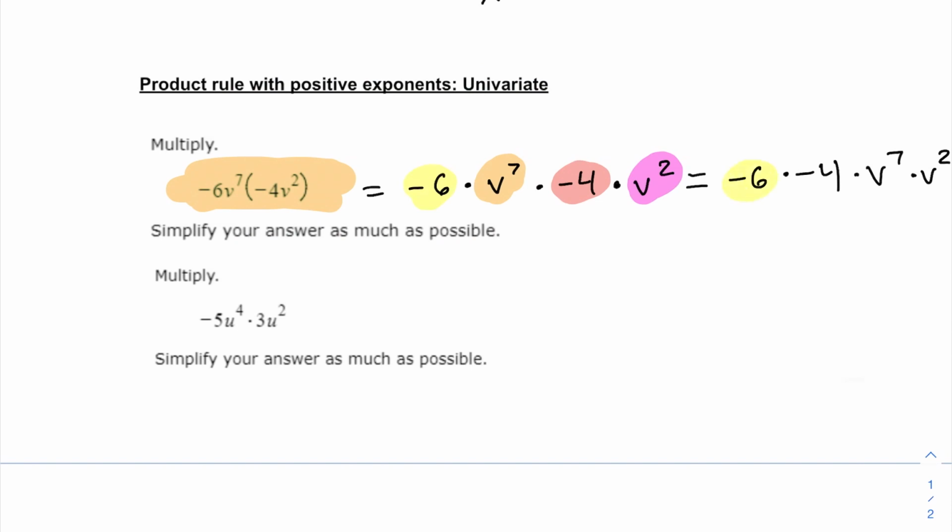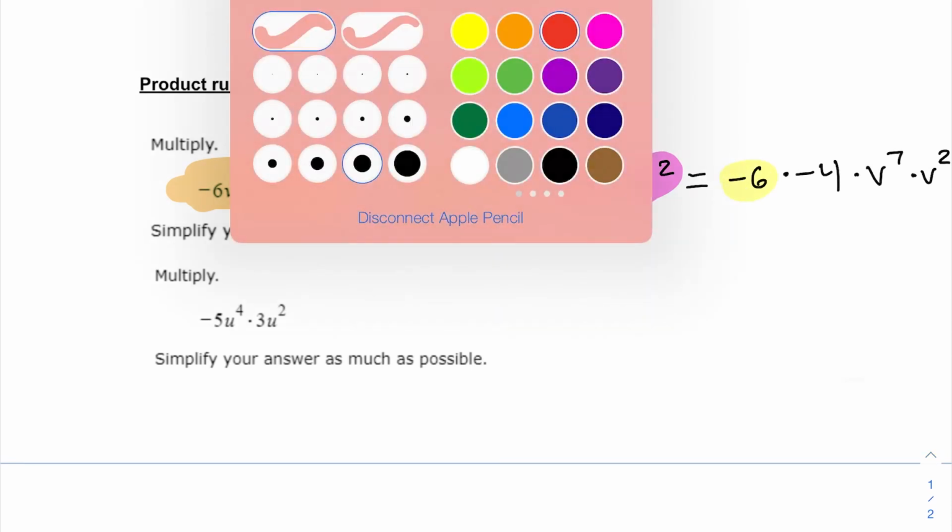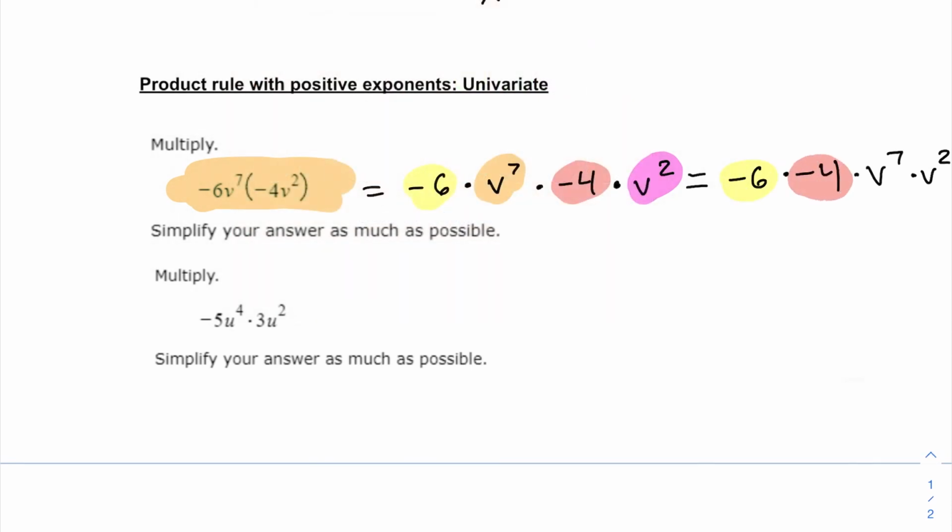I just changed it up, so the -6 was still first, the -4 was second, v to the 7th was third, and v to the 2nd was last. So as you can see, the only two that really got swapped around here were the middle two. Is that okay?